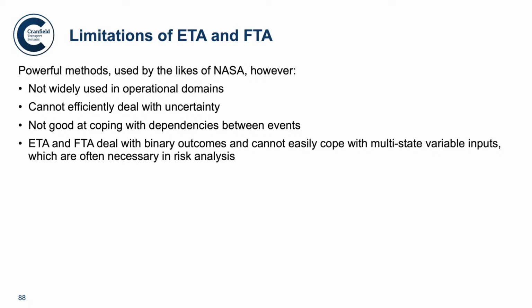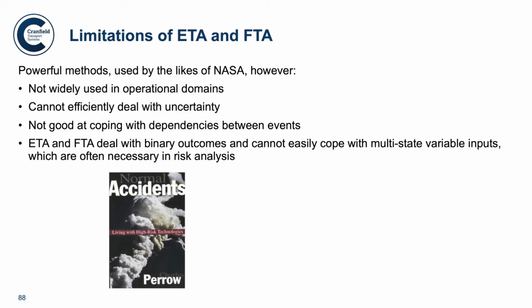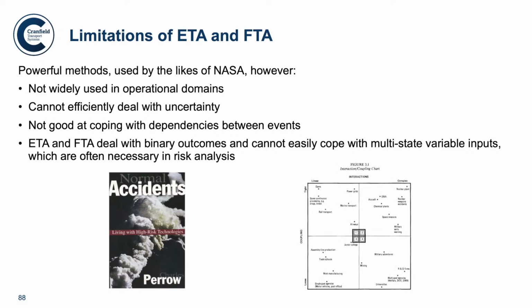Likewise, they're not so good at dealing with dependencies between events. So if you've read Charles Perrow's book, Normal Accidents, he's talking about things being tightly coupled. In real life, it's quite normal that if something goes wrong somewhere, there could be an accompanying thing that's gone wrong somewhere else in the system that might not be directly linked, but they could have initiating events that are the same.